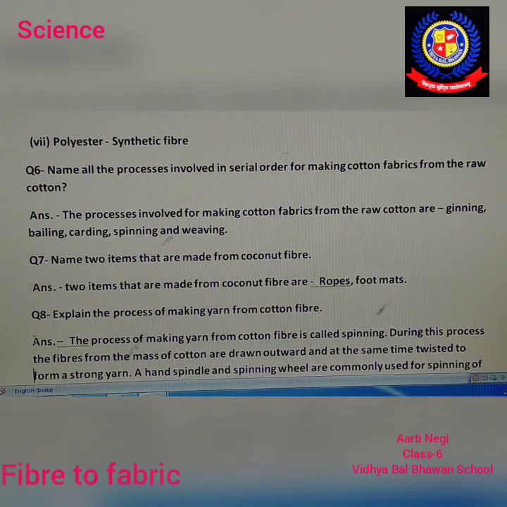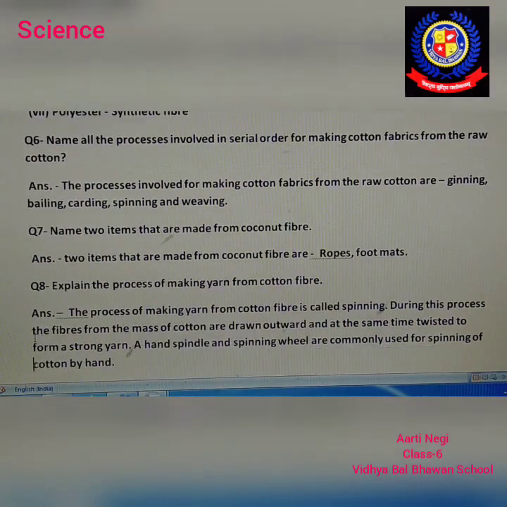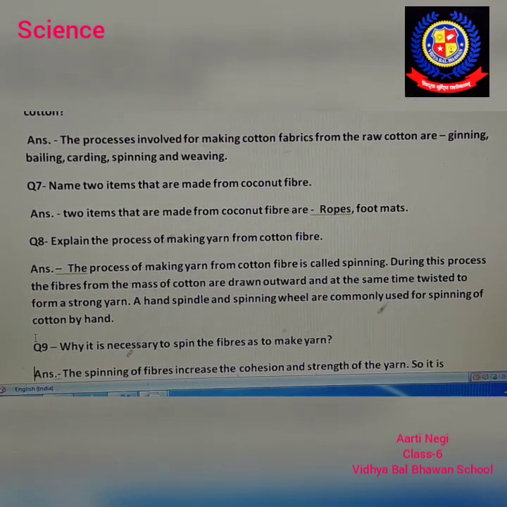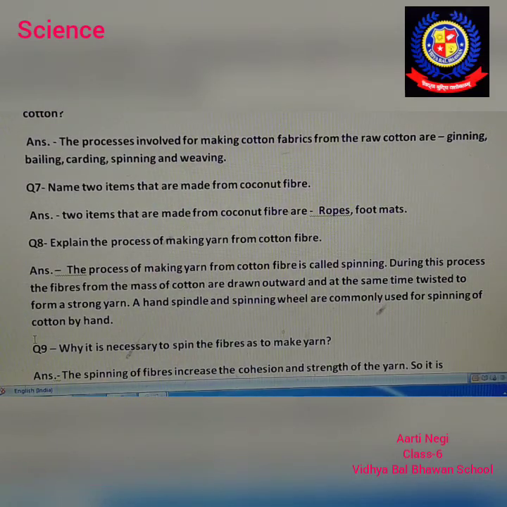Question number 8 here is: explain the process of making yarn. Yarn means thread from cotton fiber. So its answer is, the process of making yarn from cotton fiber is called spinning.